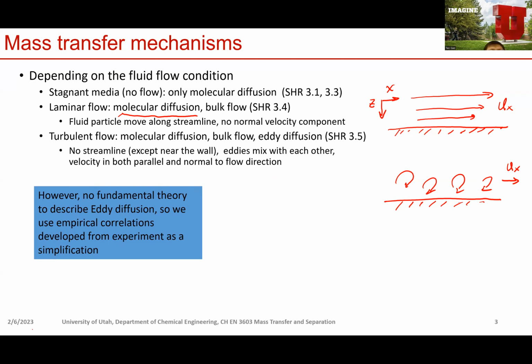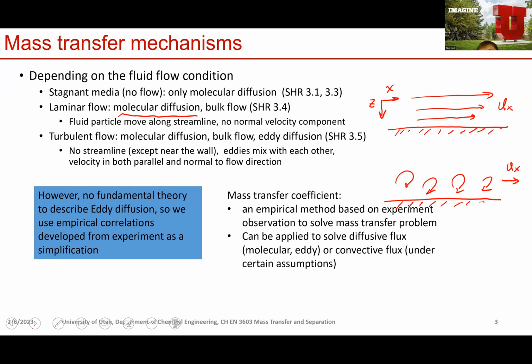But for eddy diffusion, there's no fundamental theory to compute its flux because it's so complex. And so historically, we developed some empirical correlations based on experimental observations to make some approximations. That's the theory of mass transfer coefficient.